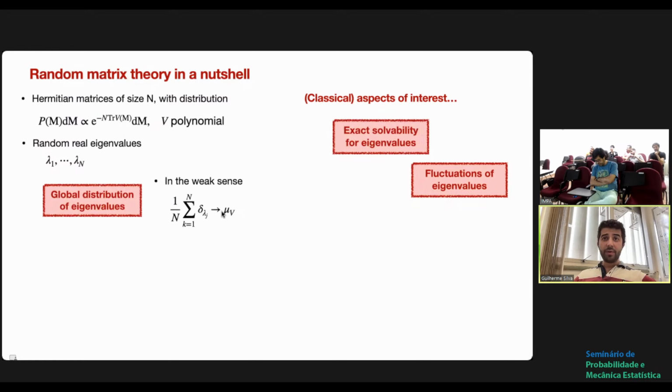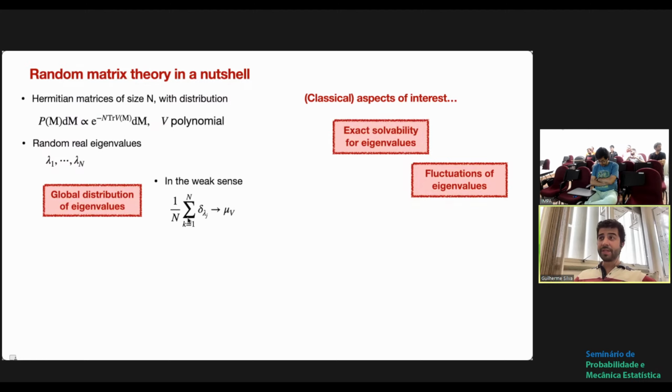The first natural question that arises concerns the behavior of eigenvalues. So you could consider here what we call the counting measure for eigenvalues, or the density of states, right? For the point process. So you just consider point masses at each eigenvalue, which is random, and we divide by n, so that this is really like a probability measure.